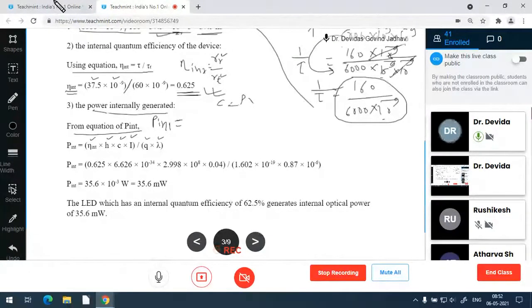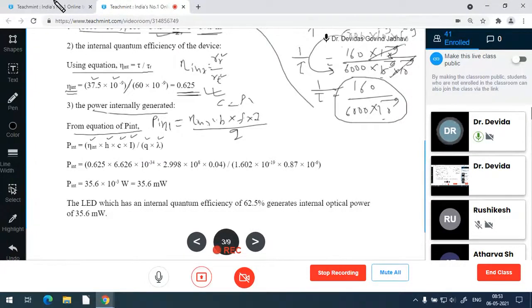So P internal is equal to eta internal H multiplied by F multiplied by I divided by Q. Since F is substituted as C upon lambda, in the same equation we get eta internal H C I upon Q lambda.